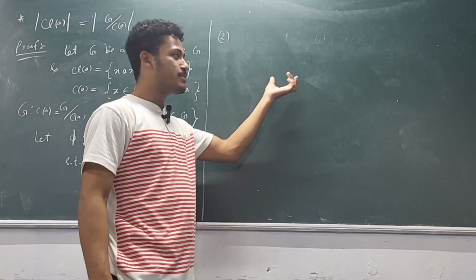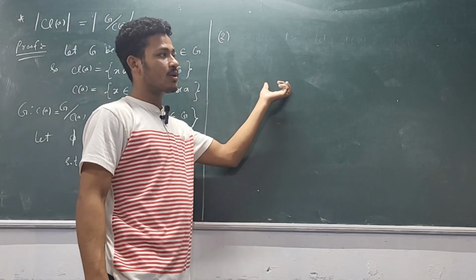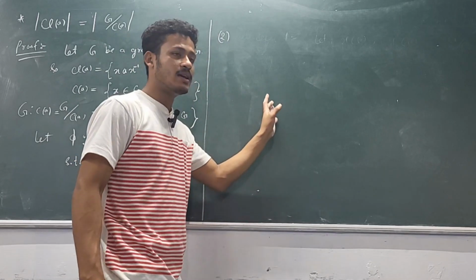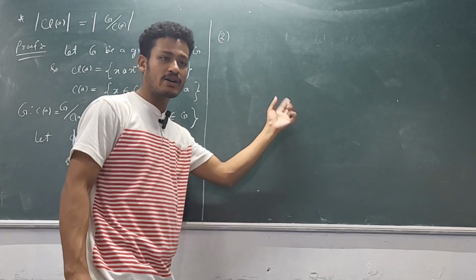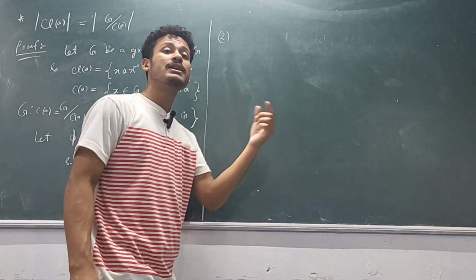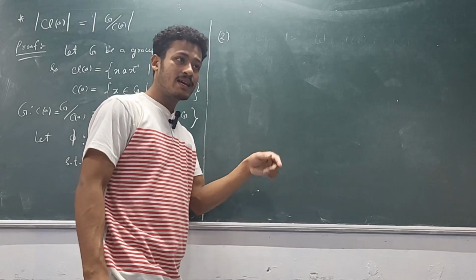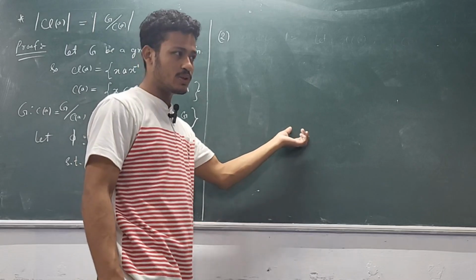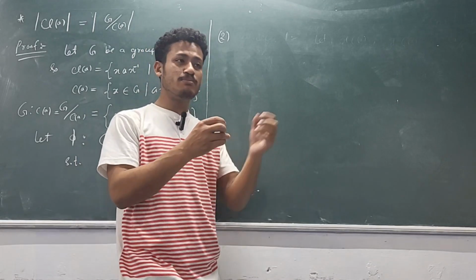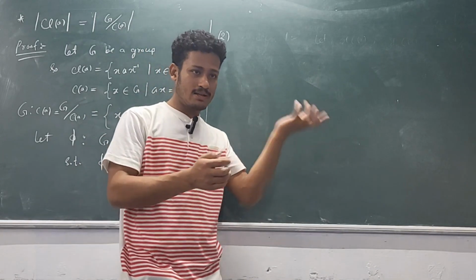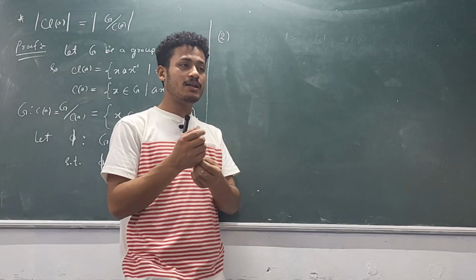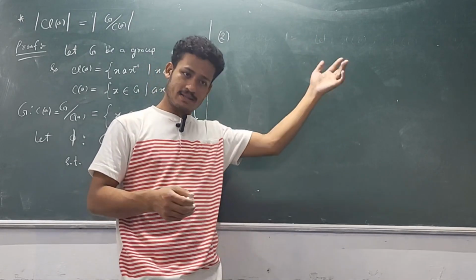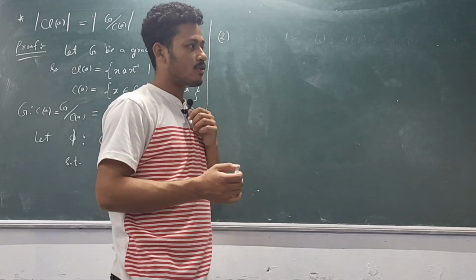Take any two elements and let the images of the two elements be equal. If you then get that actually the elements are equal, then it is 1-1.